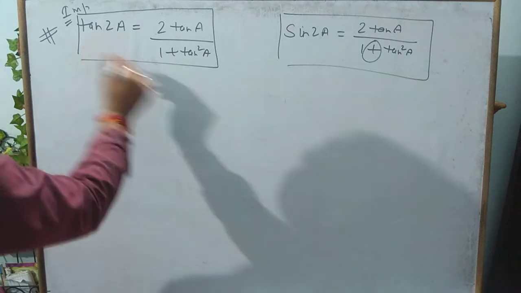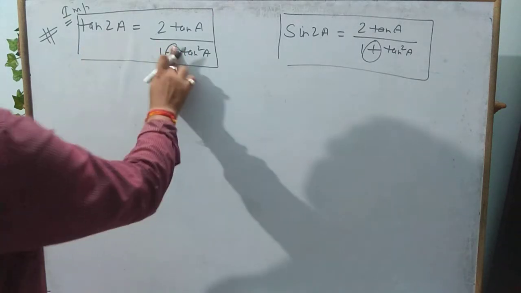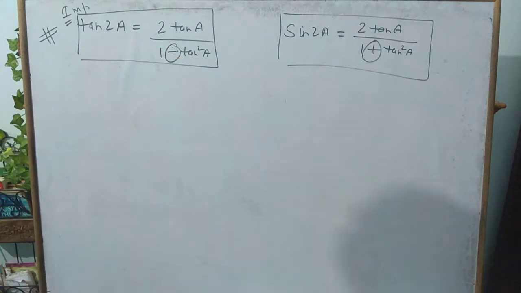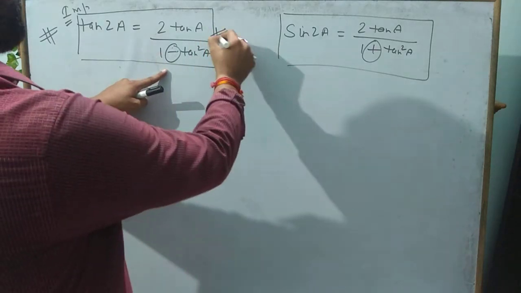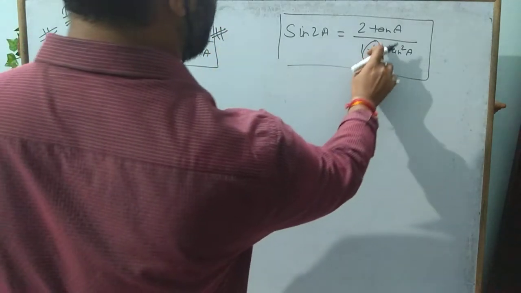And for tan 2A, the denominator contains minus. This is the formula of tan 2A, and this is the formula of sin 2A.